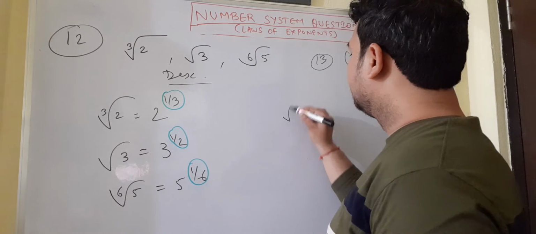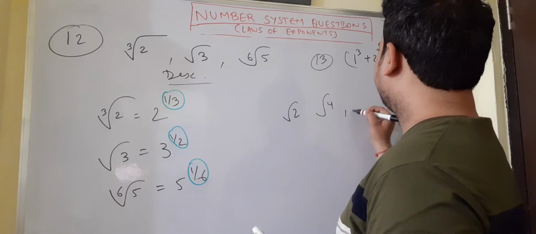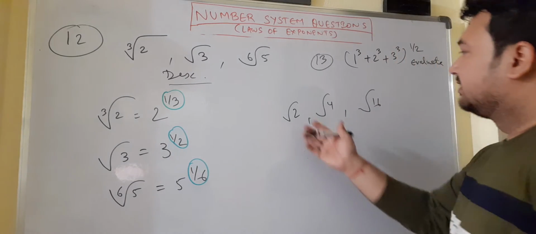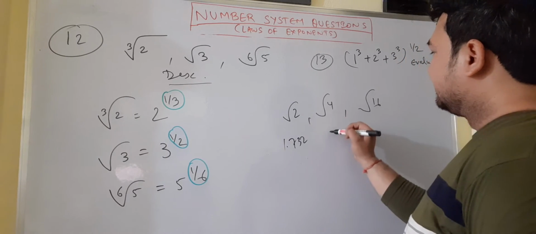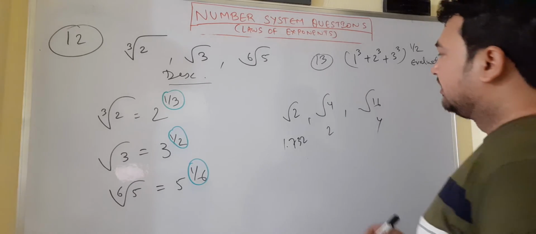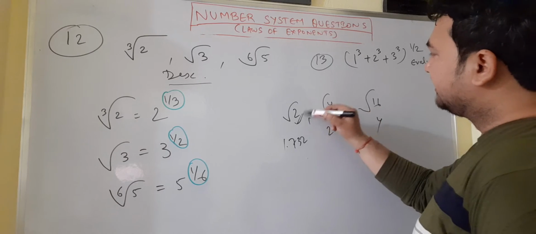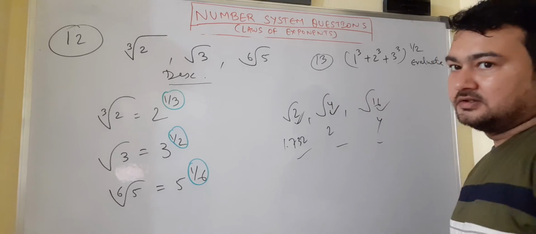If I say root 2, root 4 and root 16, which one is greater? This is root 2, about 1.732 (actually root 3), this is root 4, which is 2, and this is root 16, which is 4. Which one is greatest? As the number inside the root increases, the value also increases.